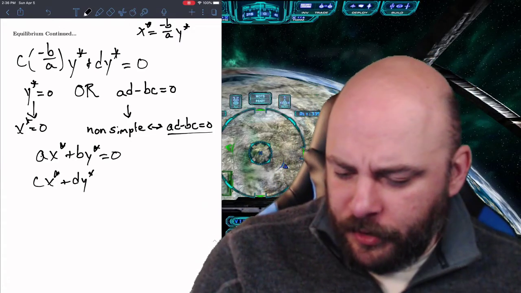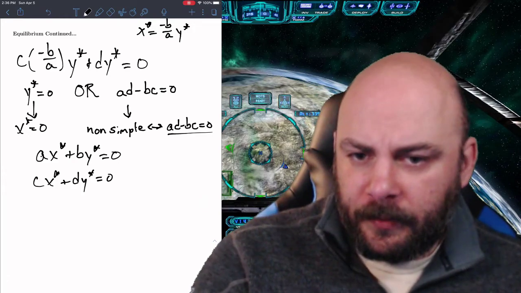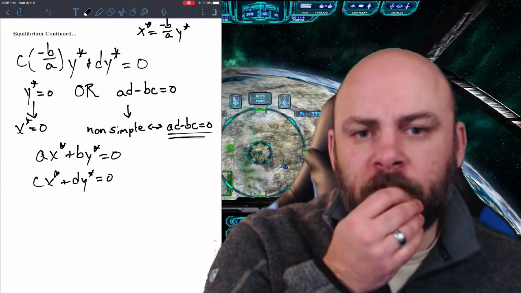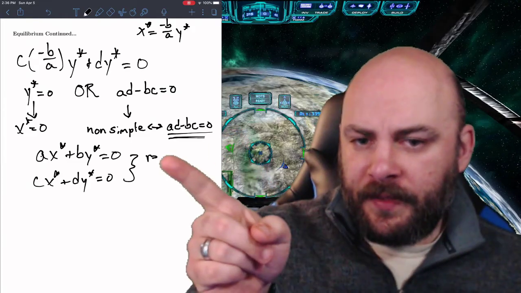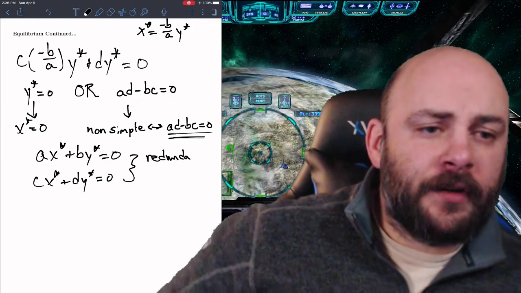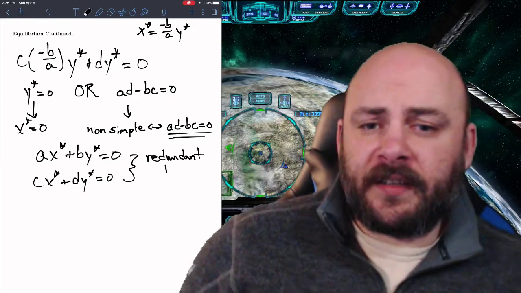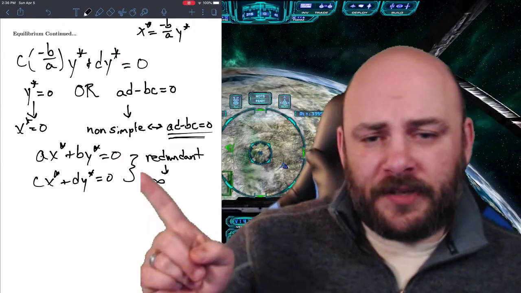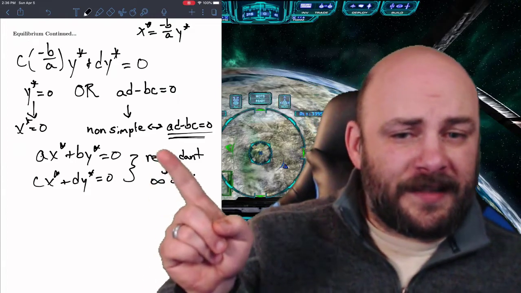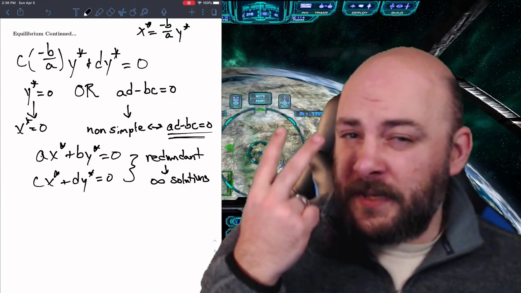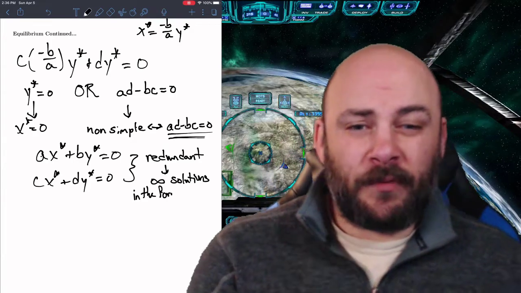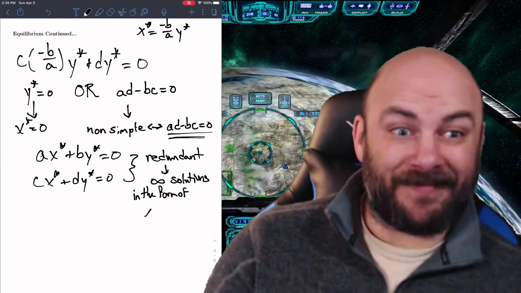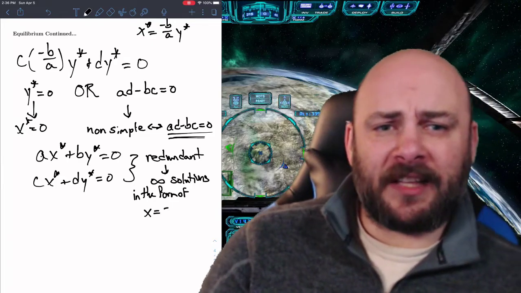To show that a little bit here: if ad minus bc equals 0, then this system is redundant. What that means is there's no information contained in the second equation that is not in the first equation. You'd be solving basically one equation with two unknowns, and what we should remember from high school algebra is that means you have a line of solutions.